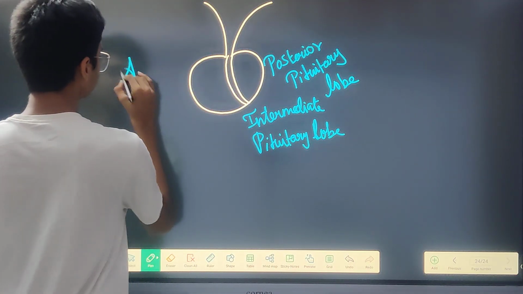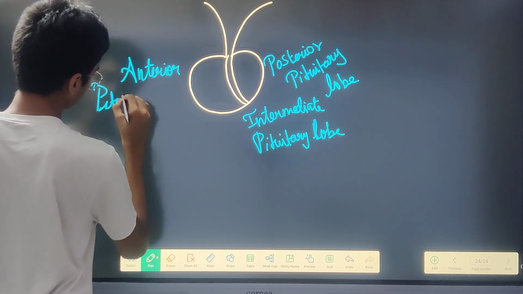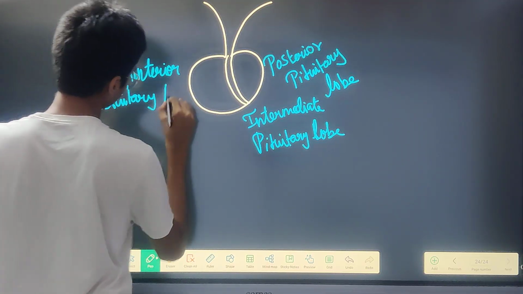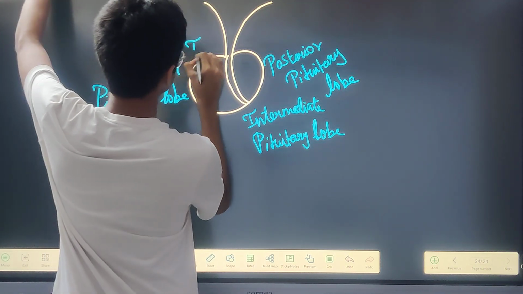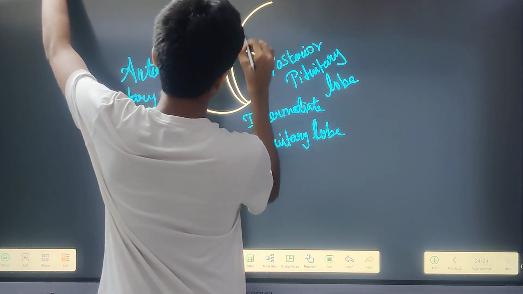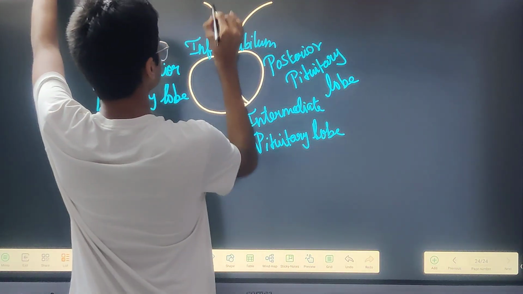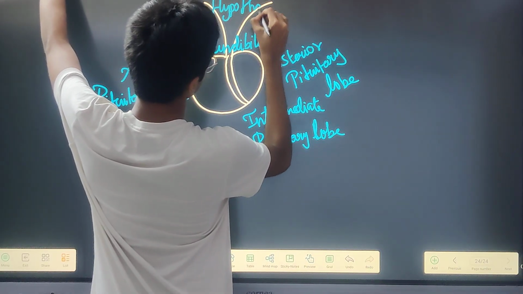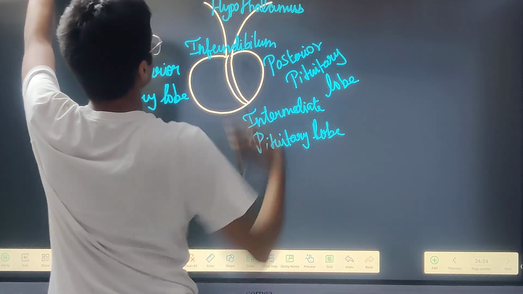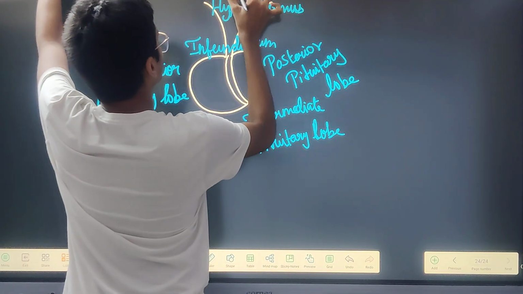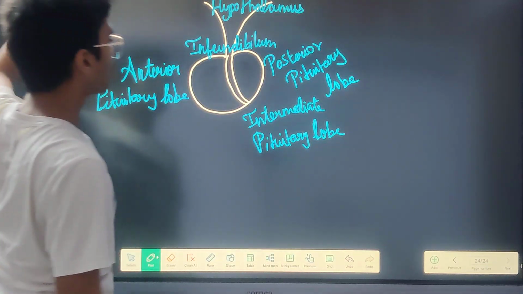Here it is the anterior pituitary lobe. Then here you are going to have the infundibulum, then the hypothalamus, and above you are going to have the thalamus.